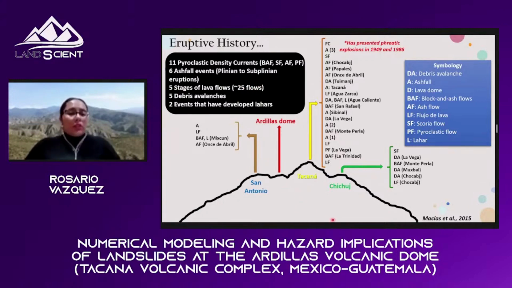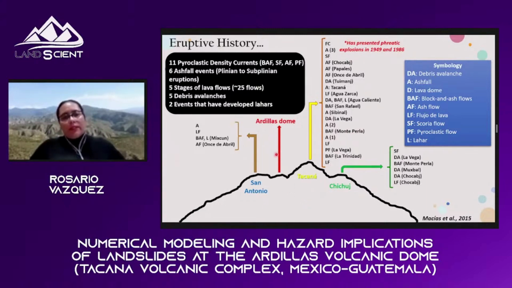What we have encountered also are 5 big deposits of debris avalanches and at least 2 events that have developed syneruptive lahars during the entire history of the Tacaná Volcanic Complex. We can see from this scheme that most of this activity has concentrated at the Tacaná edifice.